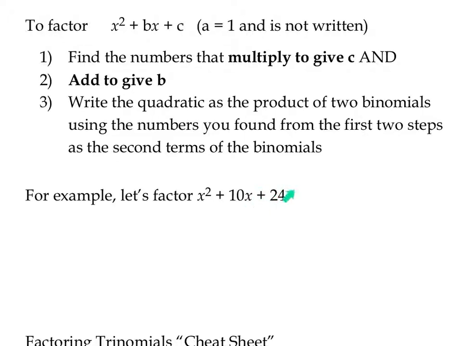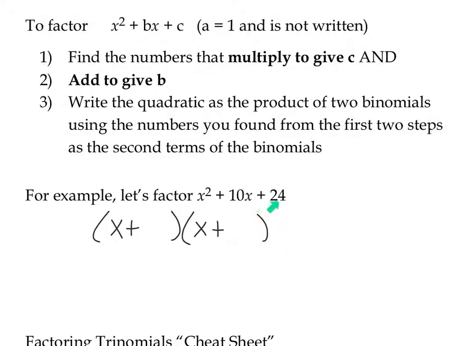So when we start out by writing the factors, we can oftentimes fill in those signs. We're going to have x plus and x plus, because we have to have numbers that fill in here and multiply together to give us c, and then add together to give us b.